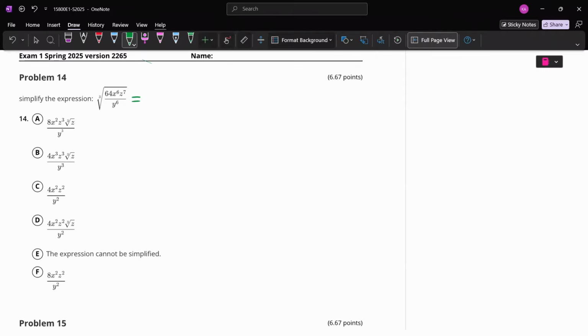When you have something in one big cube root, you can split it up into smaller pieces where you take the cube root of each part individually, so long as they're multiplied and divided with each other.